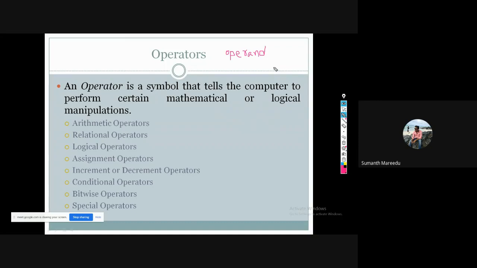Suppose I say A plus B. I'm applying the operator plus.